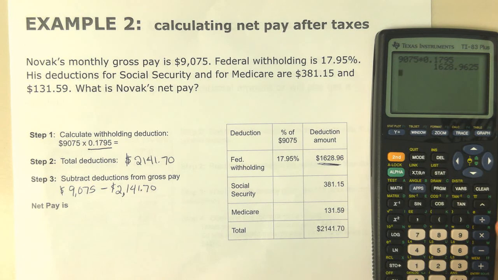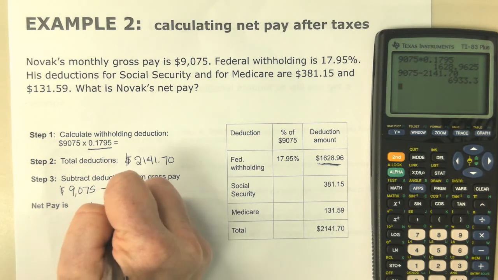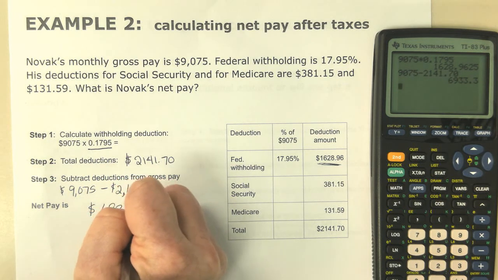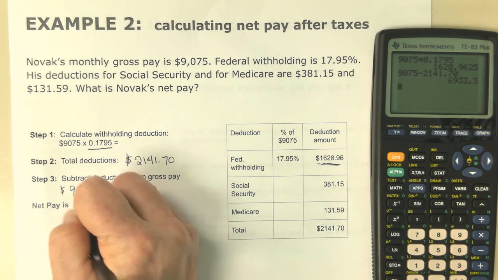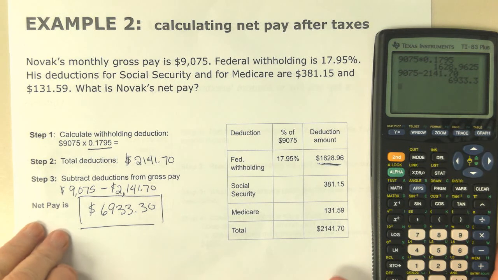And that $9,075 minus 2,141.70 is going to give us a take-home pay or a net pay of $6,933.30. So this is Novak's net pay, and that is what he gets to take home every paycheck. All right, let's move on to the next one.